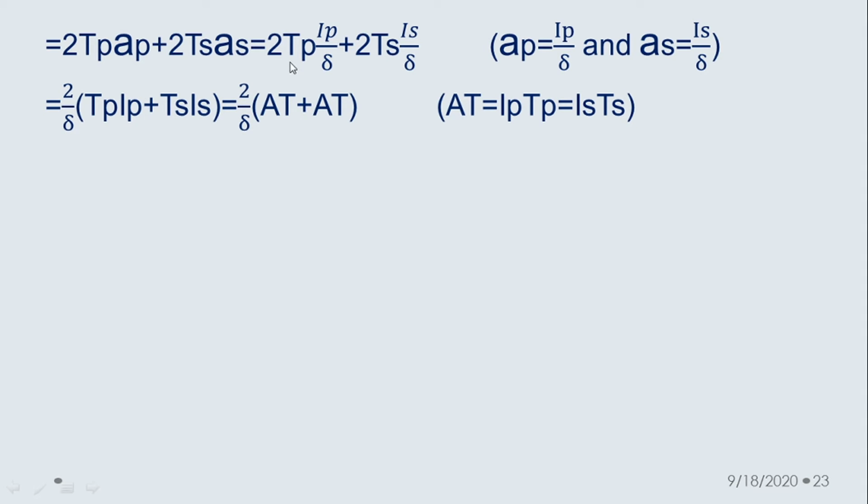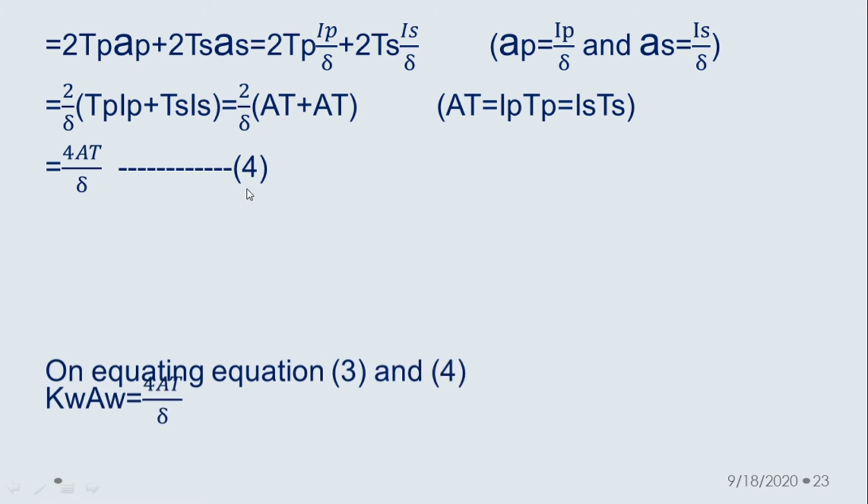Taking the common term 2 by delta outside, we get 2 by delta into TP into IP plus TS into IS. TP into IP is AT, that is ampere turns, so here it is AT plus AT, and we get 4 AT divided by delta. Call it equation number 4.